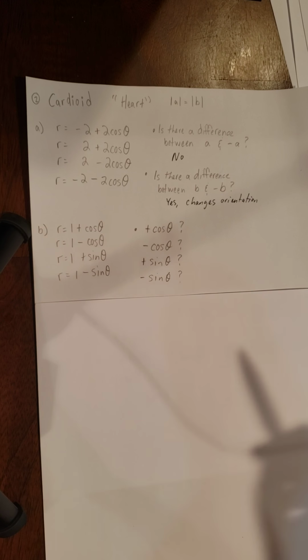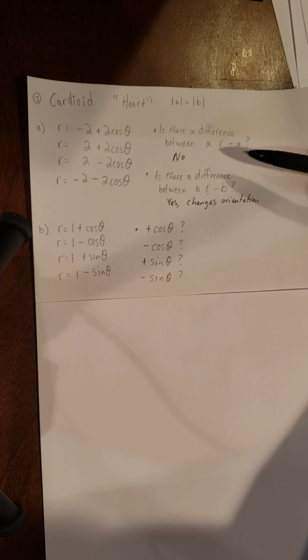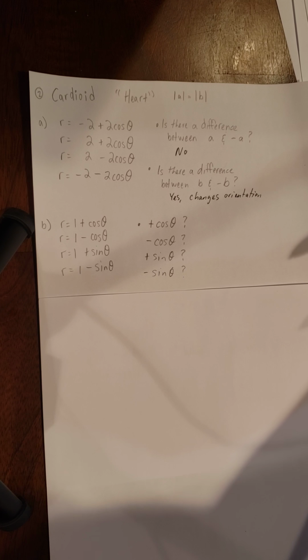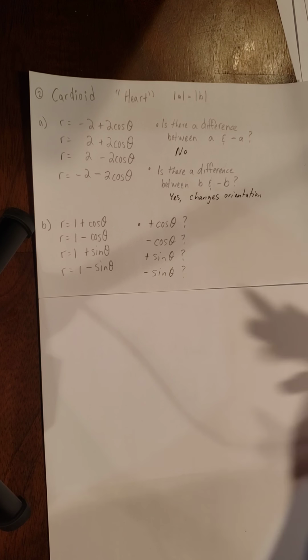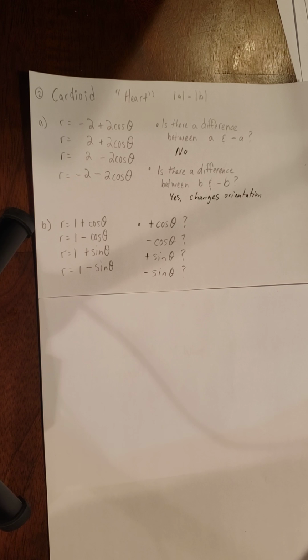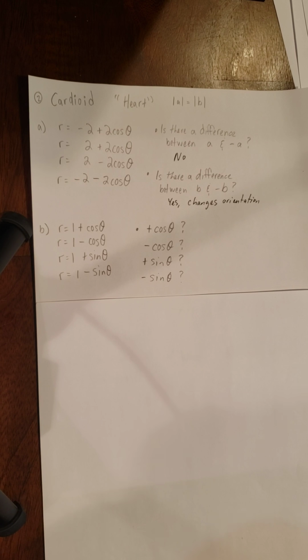So what we looked at in part A is just, is there a difference between A and negative A? No, it's going to give you the same graph. Is there a difference between B and negative B? Yes, it's going to change its orientation. So now I want you to graph these four here. I want you to be able to identify that it's a cardioid. If you have a positive B and you have cosine, what is its orientation?